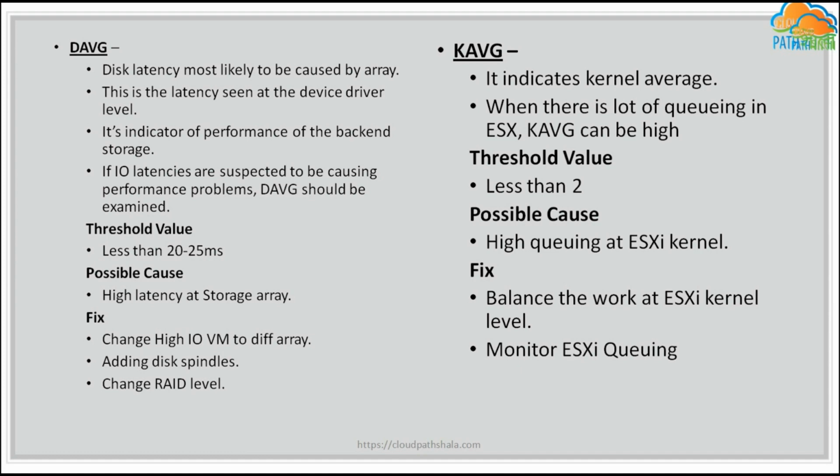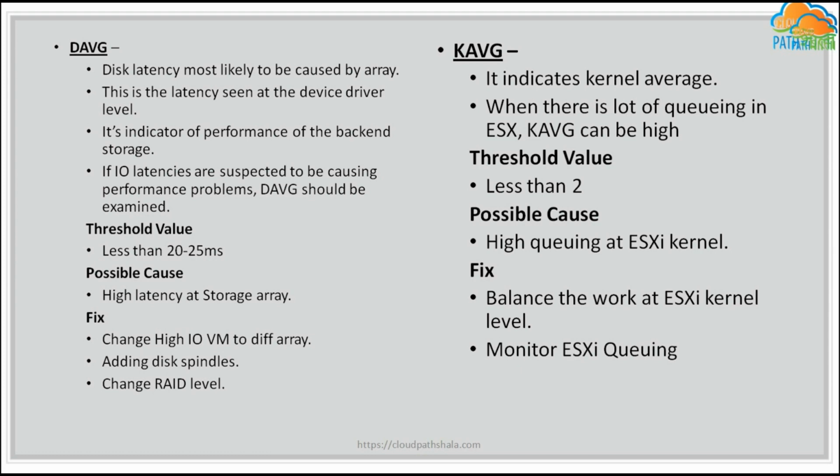So guys, I want to tell you a little more detail about it. Kernel average is the commands which were sent through the VM kernel, the set of commands like write or read that we send to the array.